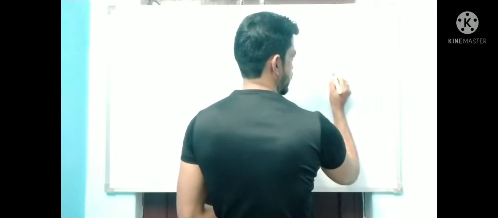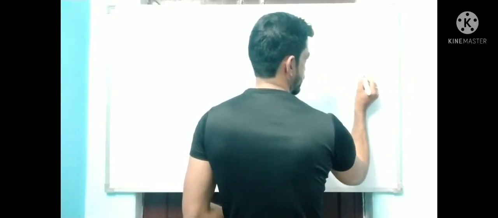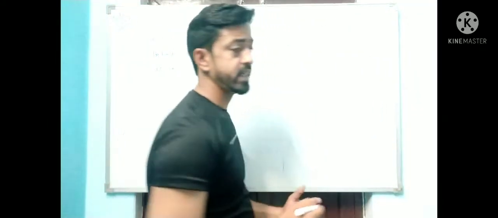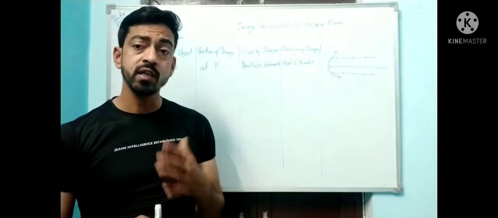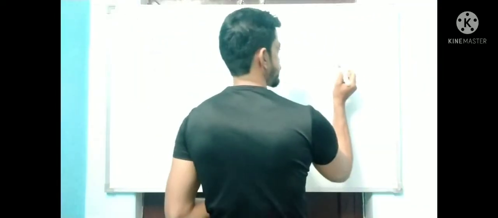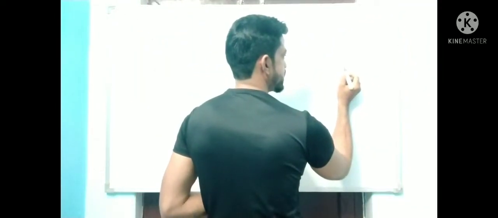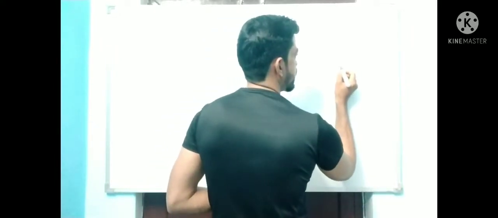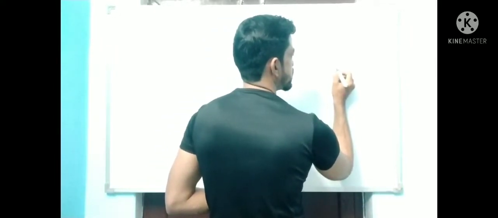You know what will happen when light is incident on the surface parallel to the principal axis? It passes through its principal focus. Somewhere here is the center of curvature and here the focus.